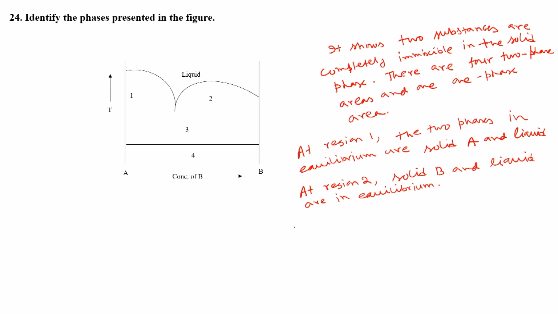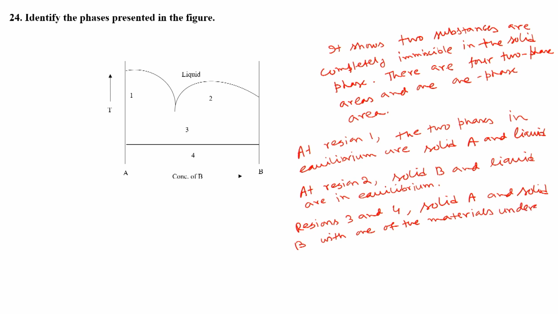Right. Regions 3 and 4, solid A and solid B with one of the materials undergoing a phase transition to second solid.